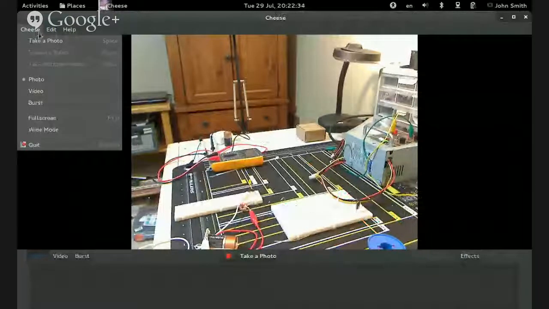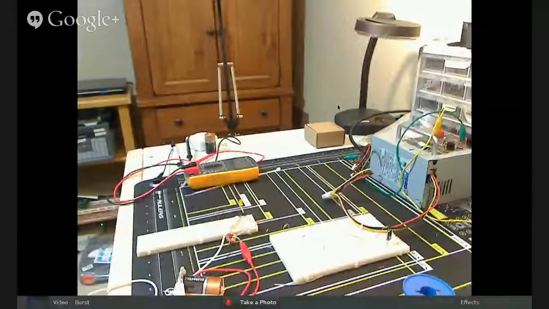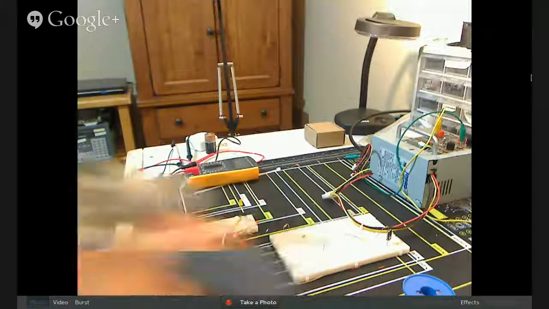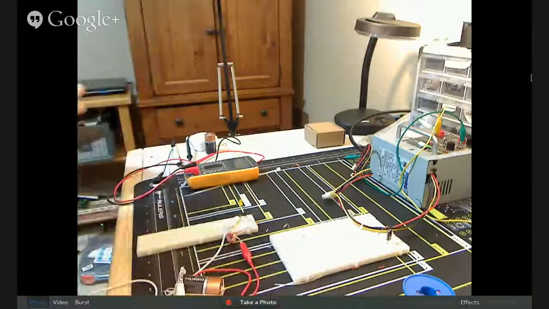And I might be able to make this full screen. Ah, yes. There it is in all its awfulness. And I just can't breathe on the camera, or it'll ruin everything.